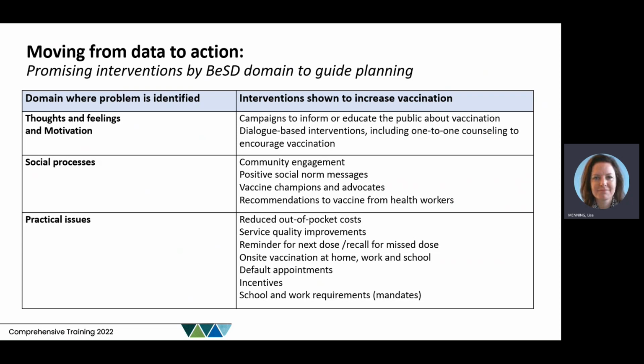And here, this is an easy way for program partners and colleagues who are gathering this data to have a direction of thinking about what kinds of interventions would correspond to those issues and where they need to be moving to think about what kinds of interventions would be most effective to act on those barriers.